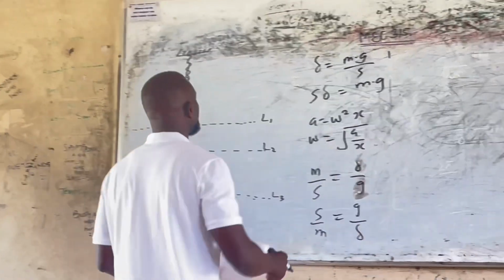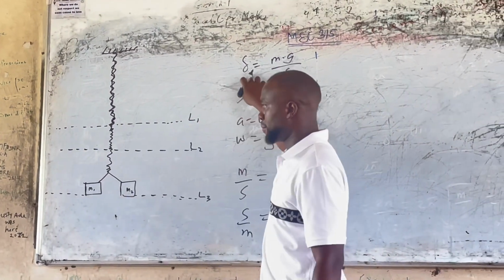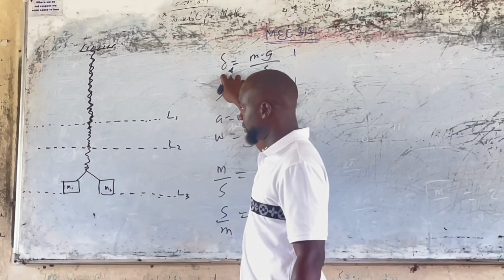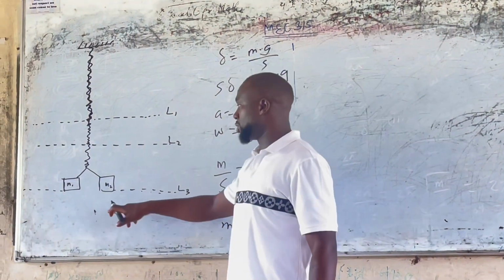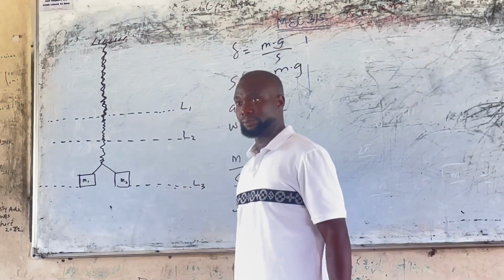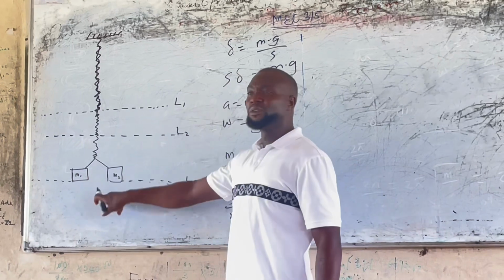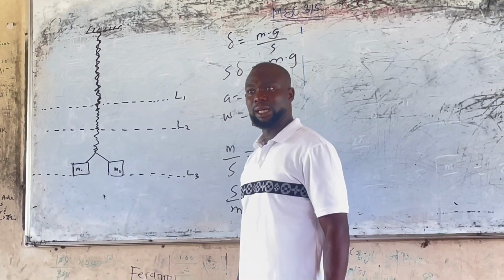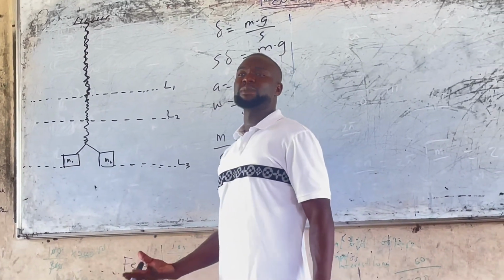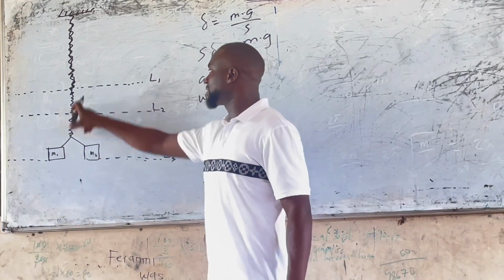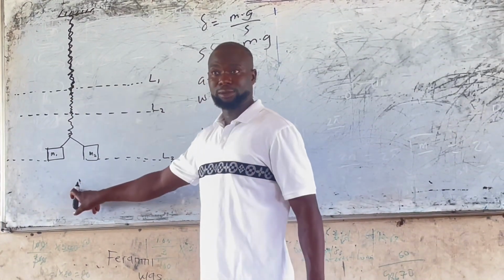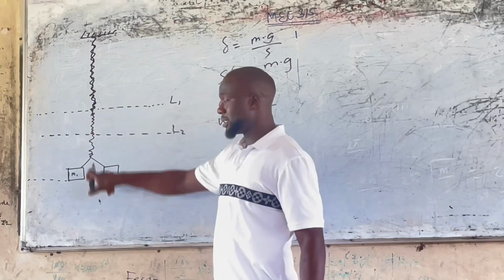If displacement or deflection of the spring is caused by the what? The weight. Okay? If we remove the weight, the displacement will reduce. It's the weight that dragged it to this point.